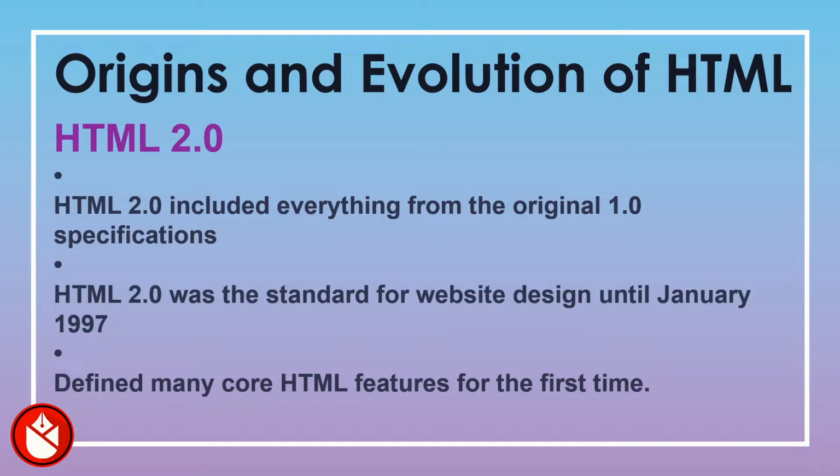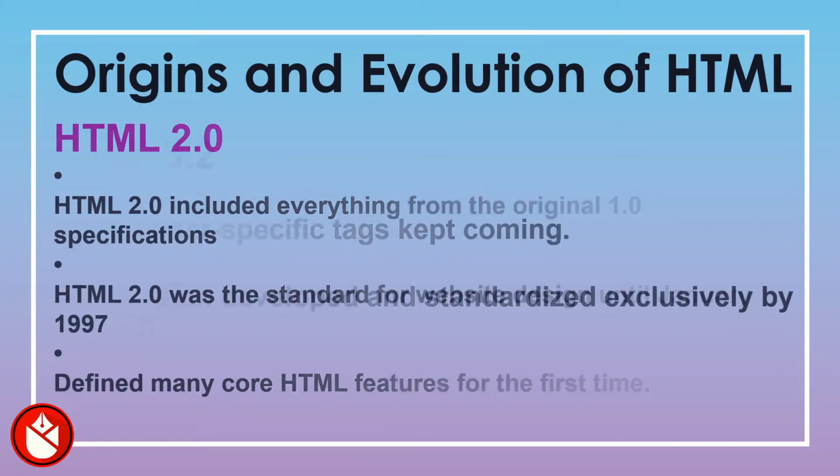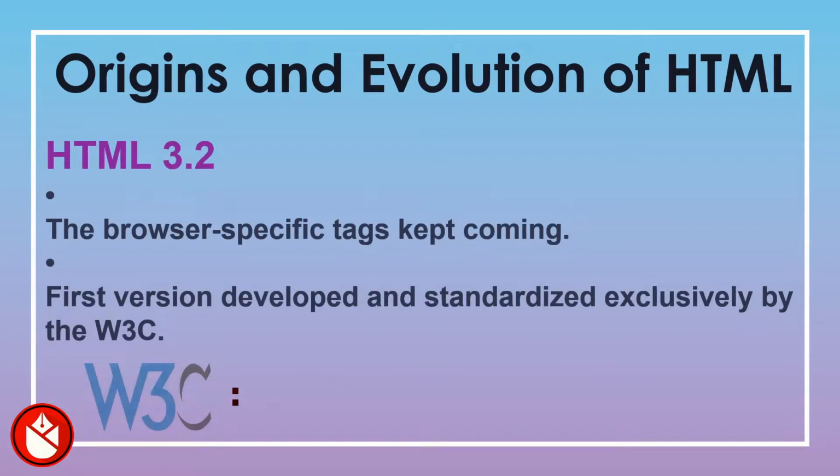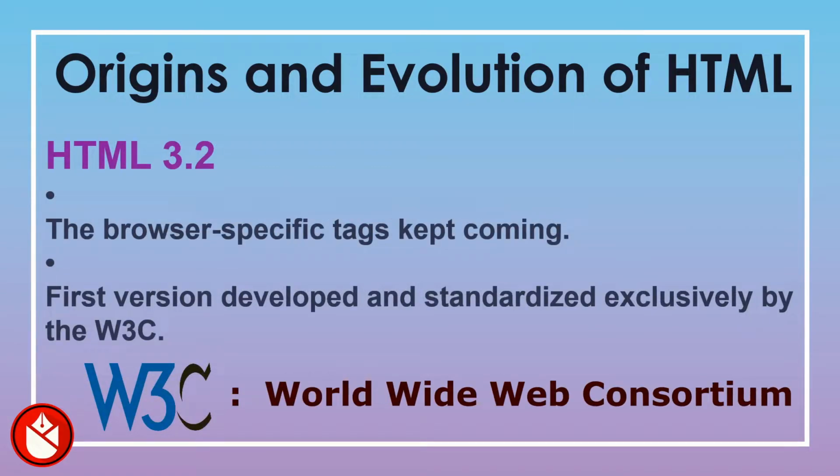HTML 2.0 was the standard for website design until January 1997, and it defined many core HTML features for the first time. Then HTML 3.2. The browser-specific tags kept coming in that version, and it was the first version developed and standardized exclusively by the W3C.